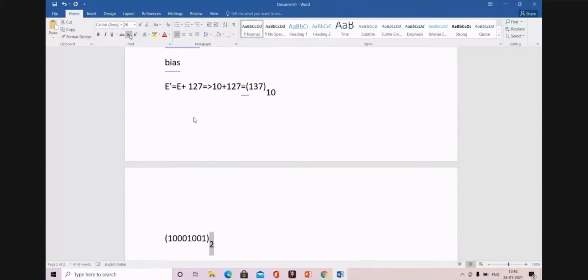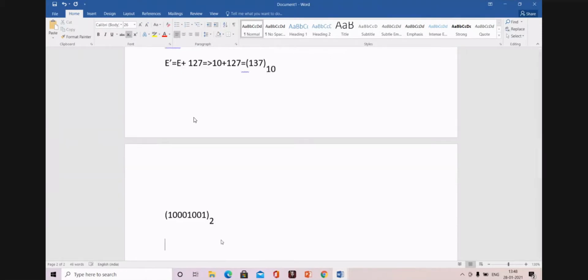With the base 2. Now next, this is not very lengthy, but once you solve it, it's very easy. The number in single precision format is given, so we have to represent this again in single precision format.